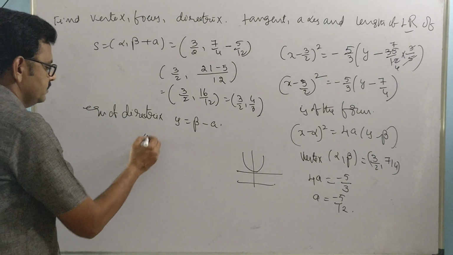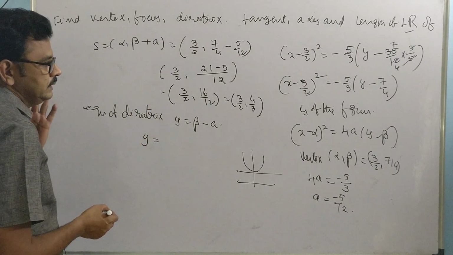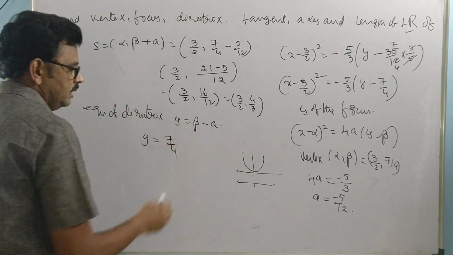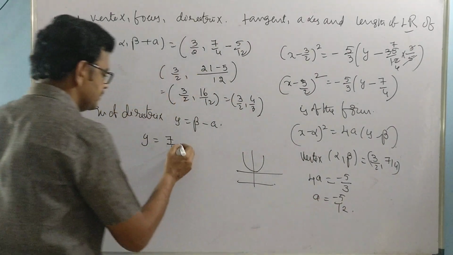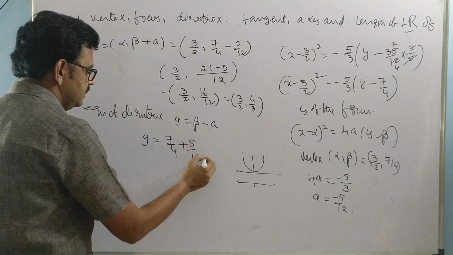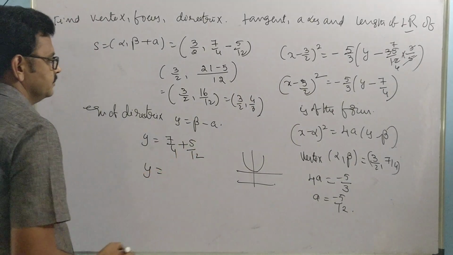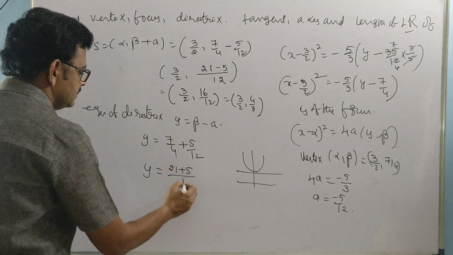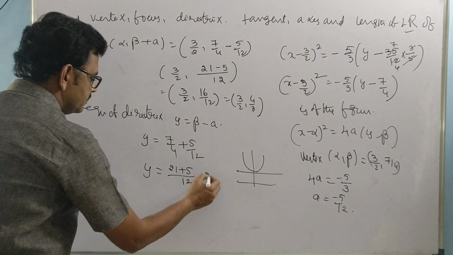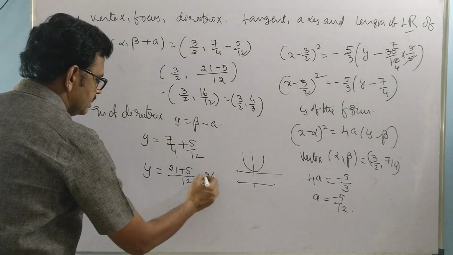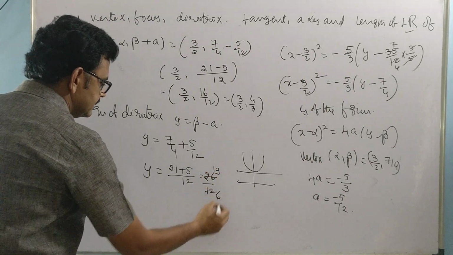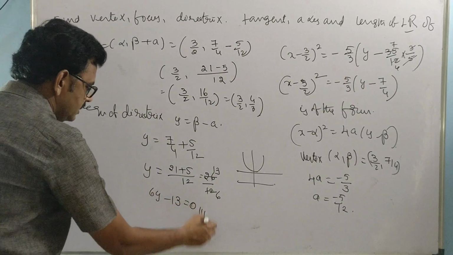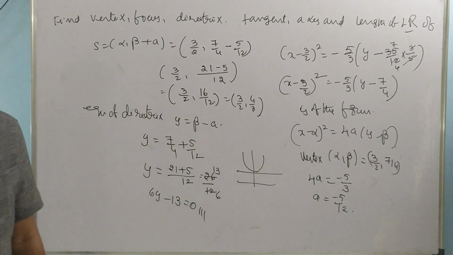Y is equal to, where beta is 7 by 4 and a is minus 5 by 12, so this becomes plus 5 by 12. Therefore y is equal to 21 plus 5 by 12, that is 26 by 12, that is 13 by 6, therefore 6y minus 13 equal to 0. That is the equation of directrix.